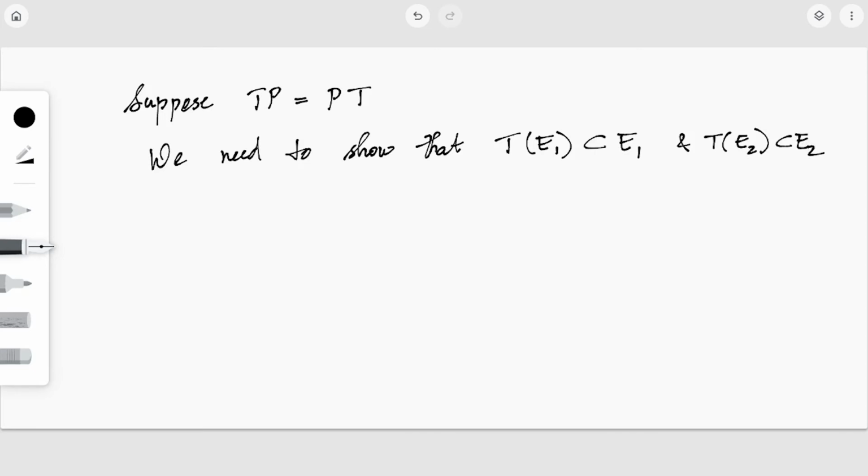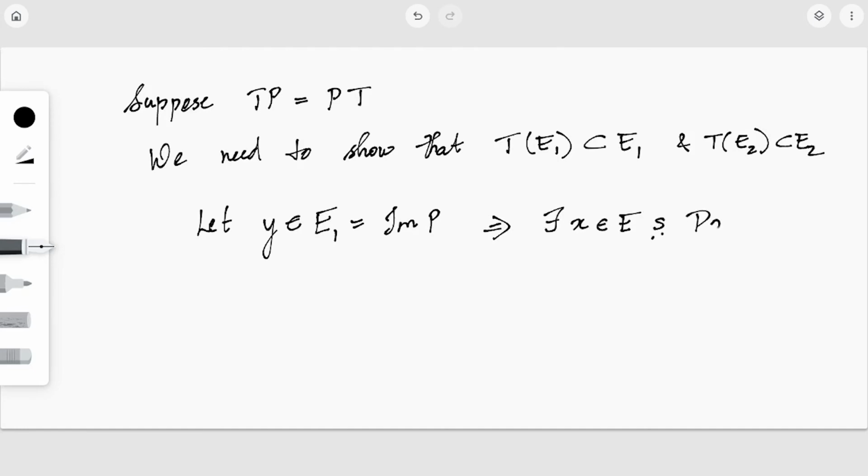So I'm choosing an element in E1. Let Y belong to E1. Now what is E1? E1 is nothing but image of P. So this implies, as Y is an element of image of P, there exists X an element of E such that P of X is equal to Y.